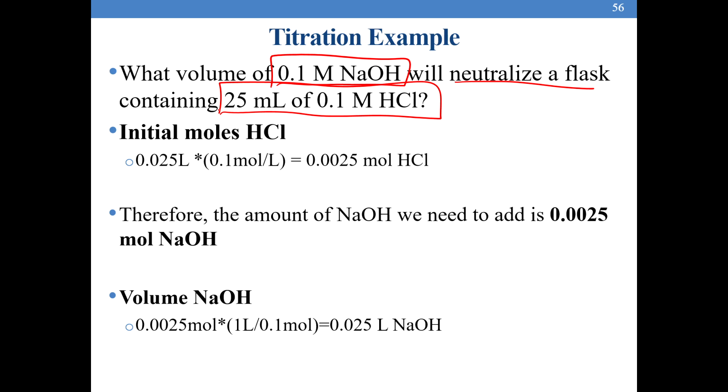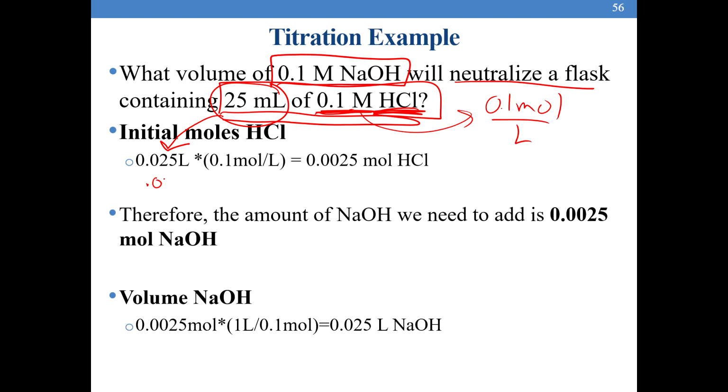So the starting point is to figure out how many moles of acid are in the Erlenmeyer flask, okay? This 25 milliliters is already converted into liters here, and then the 0.1 big M is 0.1 moles over liters, used as a conversion factor, okay?